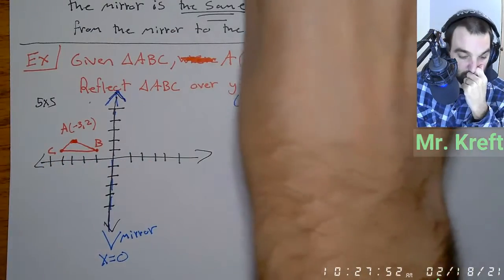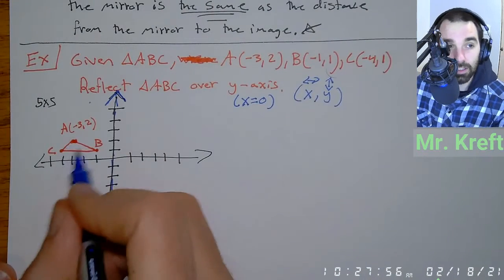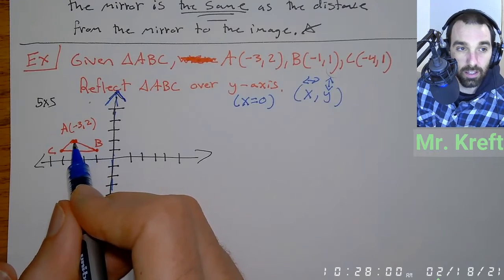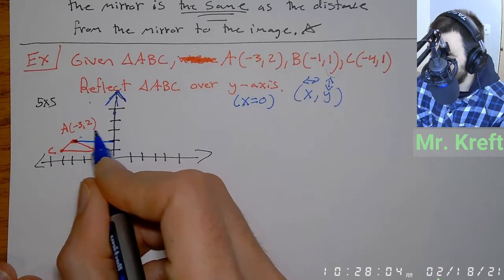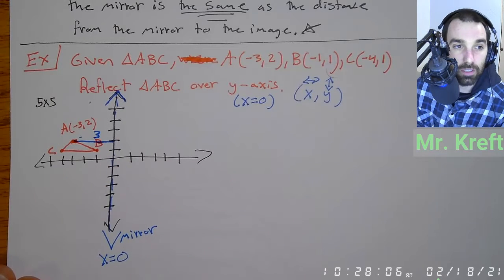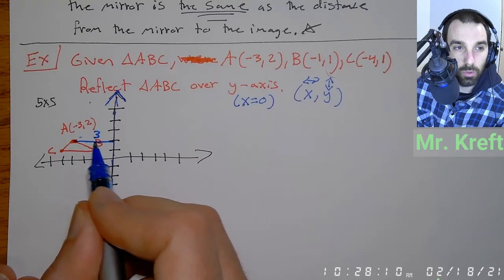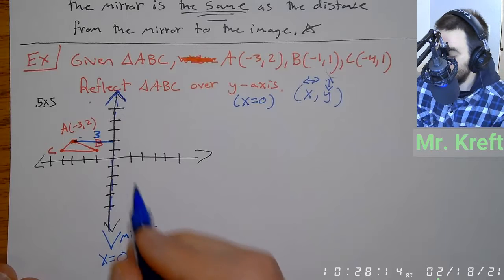Now, to do that, what I'm going to do is find the distance from the pre-image to the mirror. So, for example, let's say I start with A. A is 3 away from the mirror, right? Because I can count. I can go 1, 2, 3. And that's what the aid is helping us do. It's helping us count.